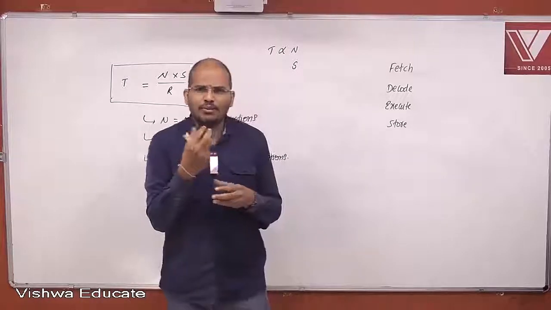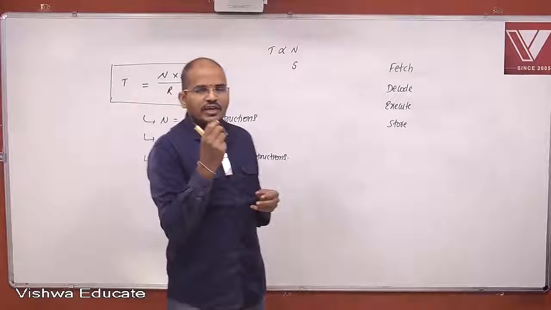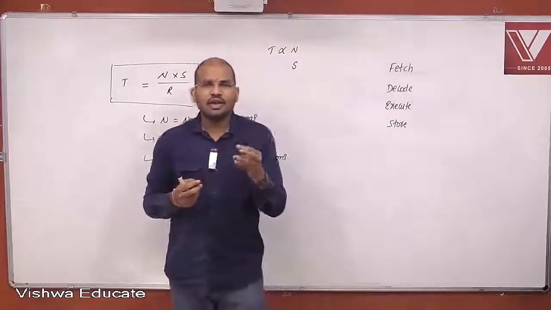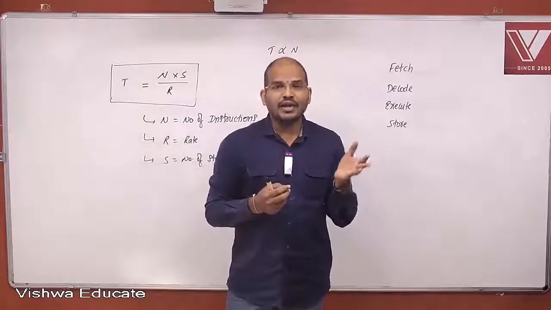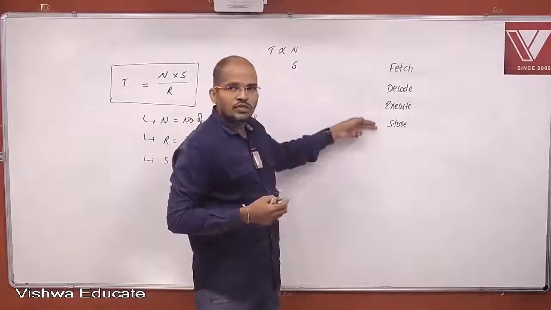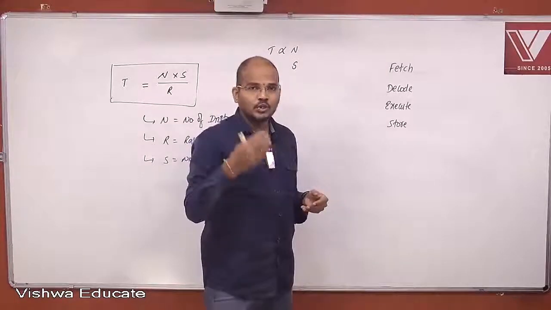Cycle is the time taken, with respect to electronics and computer science. So to handle an instruction, the time taken is given by the sum of the fetch cycle and the execution cycle. We fetch, we decode, we execute, we store. These are called stages, and each instruction has its own stages.